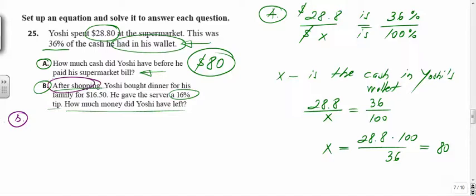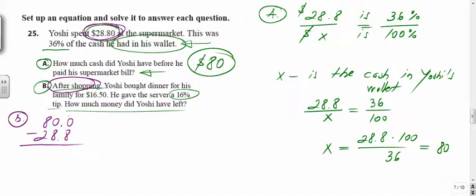After shopping. Okay, after shopping, well, how much money does Yoshi have after the shopping part, knowing that he spent 28.8? Well, you will have his $80, from which you're gonna take the 28.8 shopping expenses, right? And this will give you what?